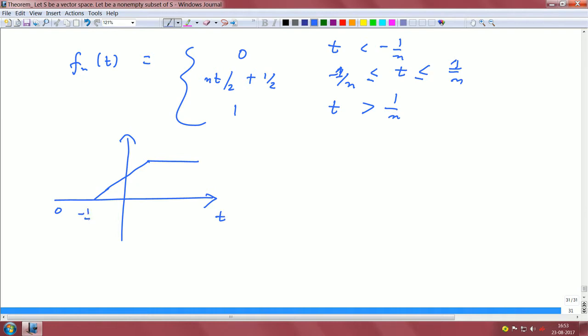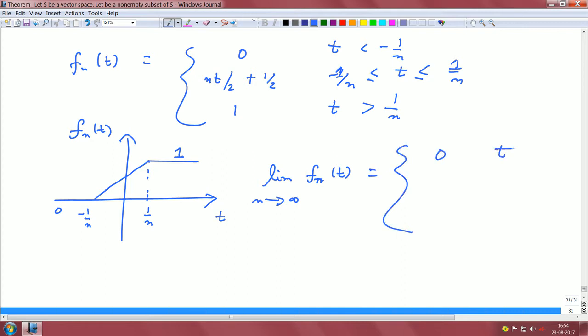So you look at between minus 1 over n and plus 1 over n, this is basically what you have, and this is a sketch of this function fn(t). And if you look at the limit of this function, this is basically a discontinuous function.